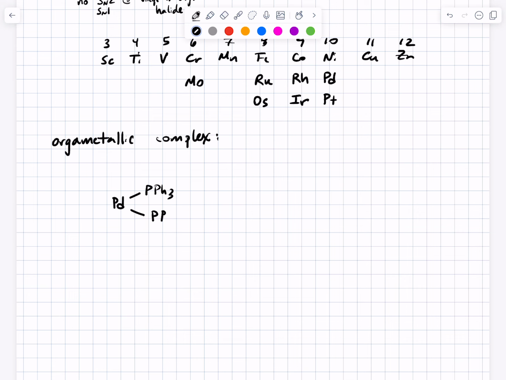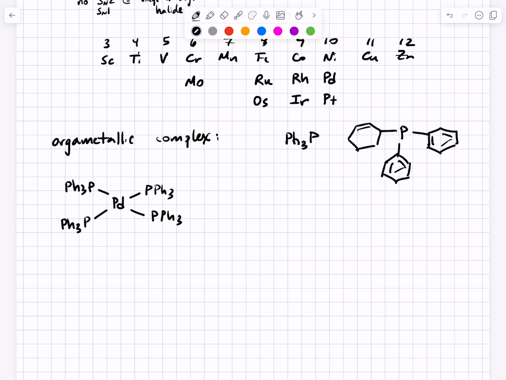So here is a complex between palladium and 4 triphenylphosphine groups. What is triphenylphosphine? The Ph means a phenyl group. The P is phosphorus. Triphenylphosphine is 3 benzene rings attached to phosphorus with the lone pair on the phosphorus.